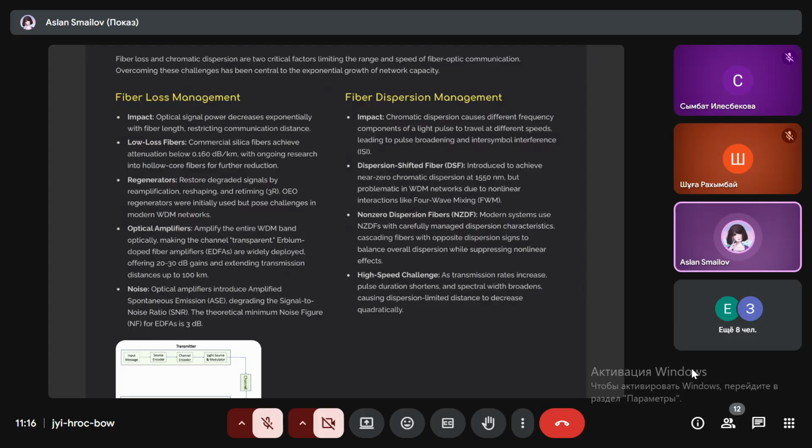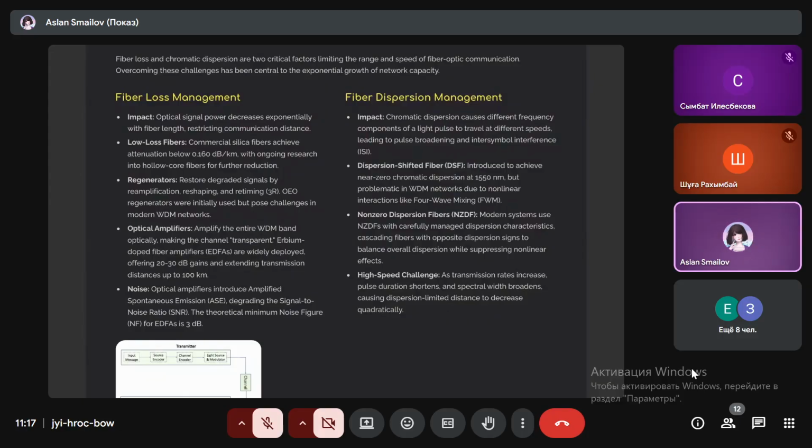Regenerators restore degraded signals by re-amplification, reshaping, and retiming. Regenerators were initially used by post challenges in modern WDM networks.